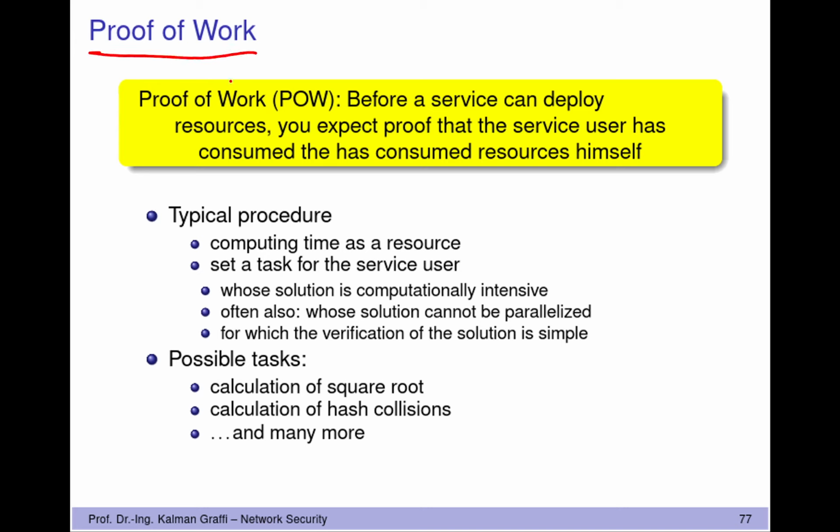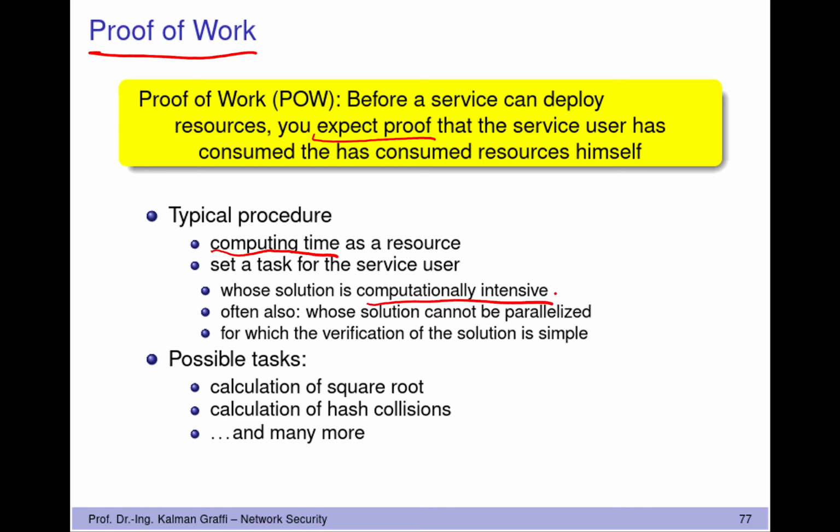Before anybody can ask you for a service, you expect the proof that the service user has already invested resources from the consumer side, so that they pay more than you do. This can be done either by computing something at the client side, at the potential attacker side, or by giving them some task which is just computationally intensive.